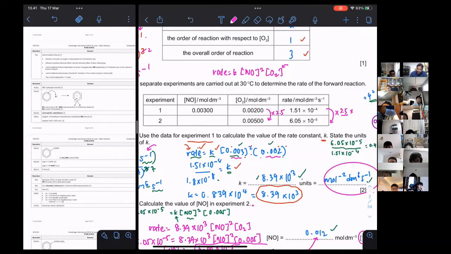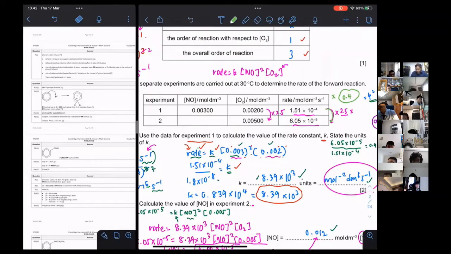From this value to get this value, can we find out, from here to here, this should be times by how many? In order to calculate that, 6.05 times 10 to the power negative 5 divided by 1.51 times 10 to the power negative 4 gives 0.4. Good. Now, it means 0.4.